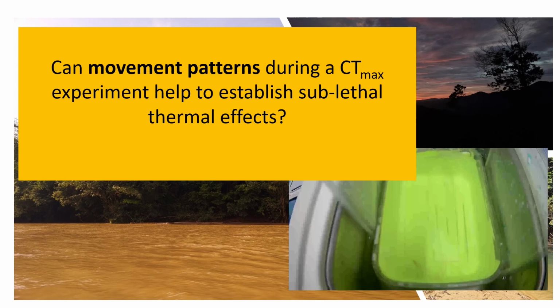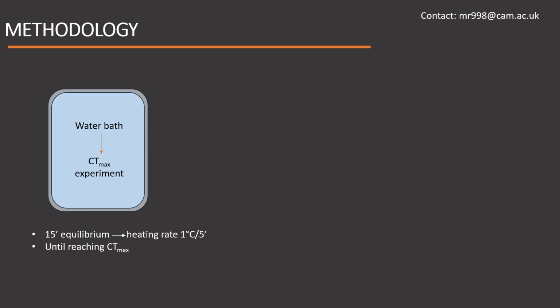And my question was, can we use the movement pattern of the individual during the experiment to establish potential sublethal thermal effects? So I'm just going to very briefly run through the experiment itself.